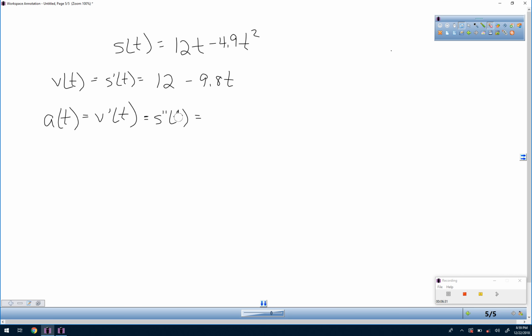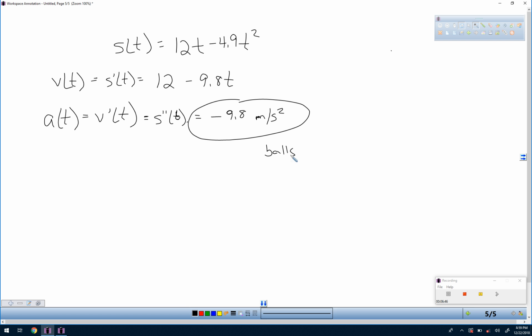So that means that the acceleration of the ball at any given time is negative 9.8 meters per second squared. So in other words, that is the ball's acceleration at any given time that I threw the ball up into the air and it was falling down. But that's its constant acceleration.